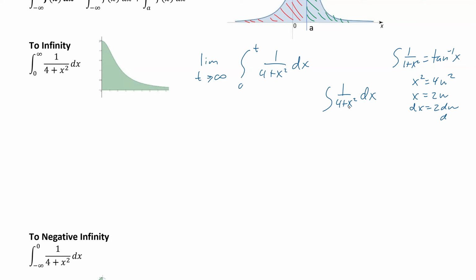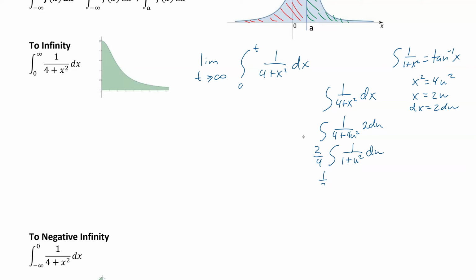So we can now plug it in. We end up with the integral of 1 over 4 plus 4u squared, 2 du. Then we rewrite it. We pull out the 2 that goes on the top, the 4 goes to the bottom, so we end up with 2 over 4, and now we have 1 plus u squared.